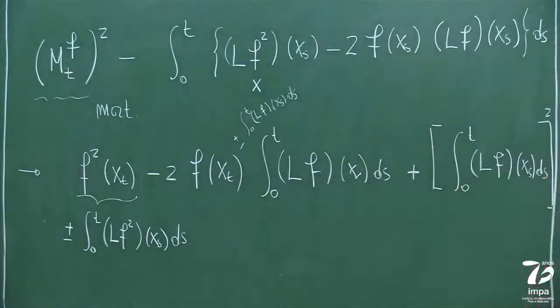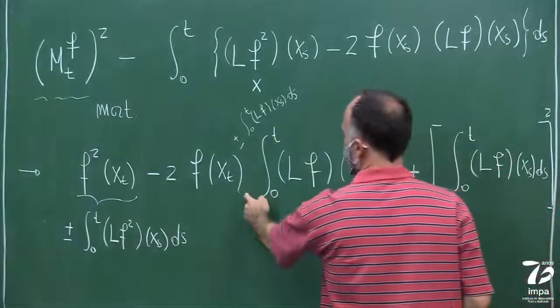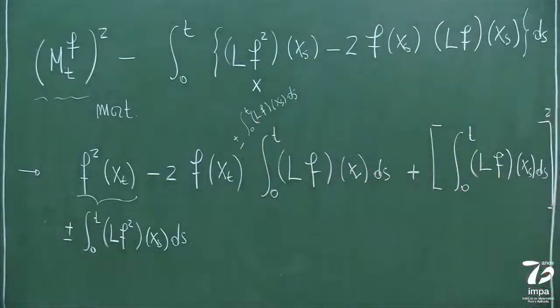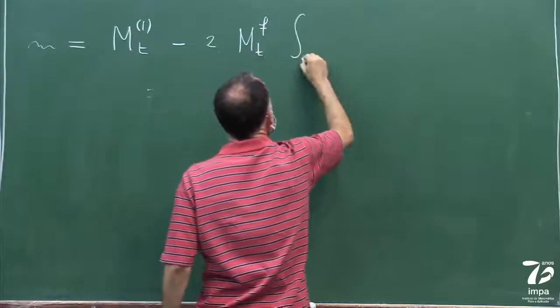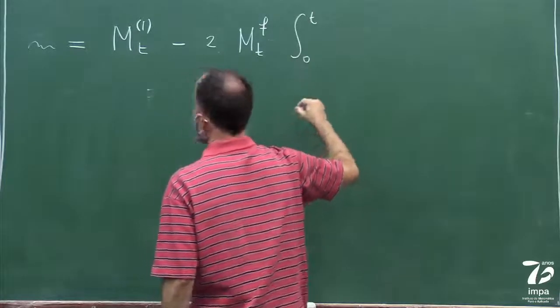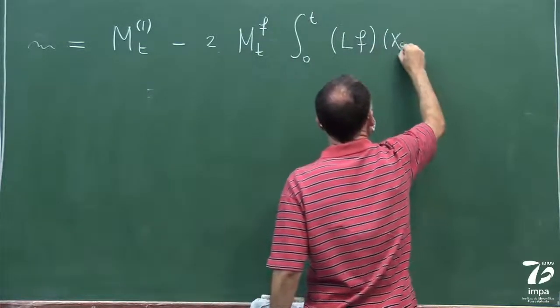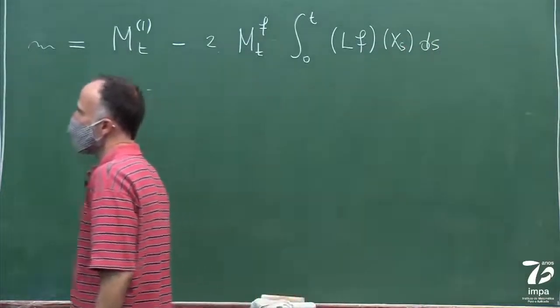So let me write this as minus 2. First, I get the minus sign. With the minus sign, this is the martingale M^f_t, which is multiplying the integral from 0 to t of Lf(X_s) ds. Okay, so this is one term.